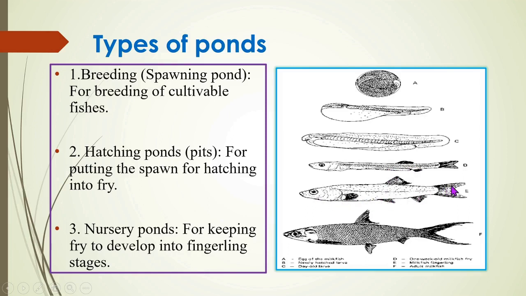This is fingerling here. You can see the image of a fingerling. The fingerling is 10 to 15 centimeters in length, or it is equal to the size of a finger. This fingerling gradually develops into the adult fish. So these are the different stages of the fish.